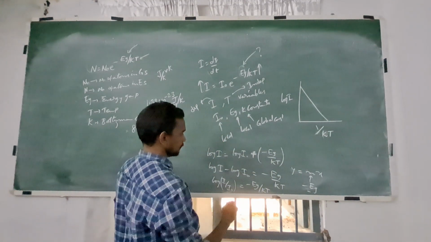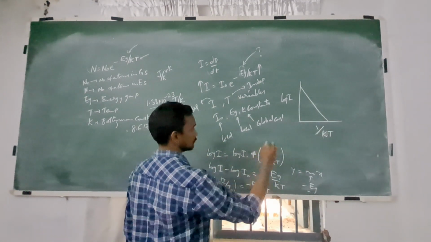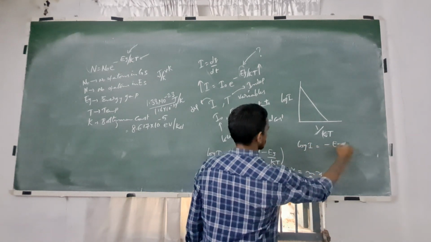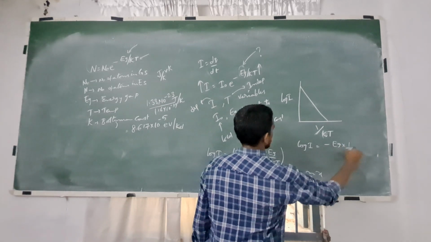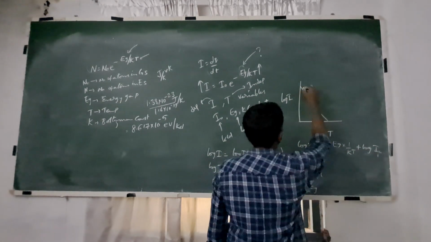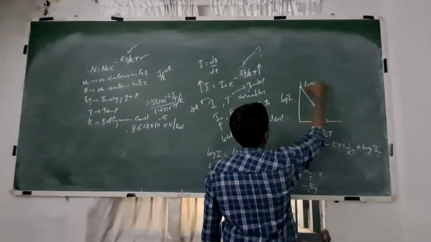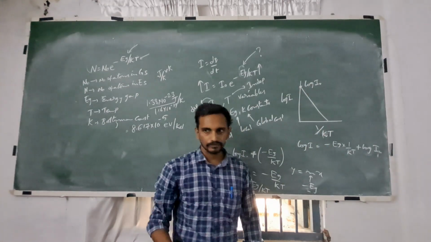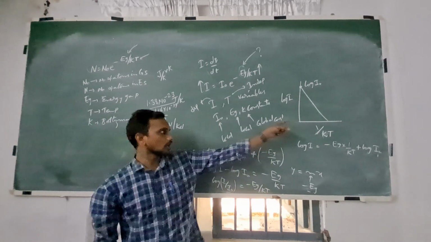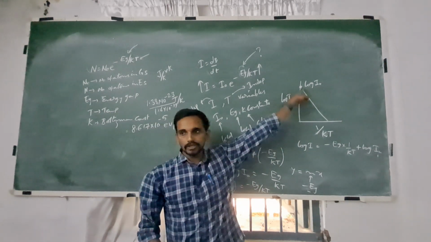If I clearly maintain this, log I is equal to minus Eg into 1 by KT plus log I naught. So my y-intercept is log I naught. My axis I am taking is log I, and one particular number is log I naught.